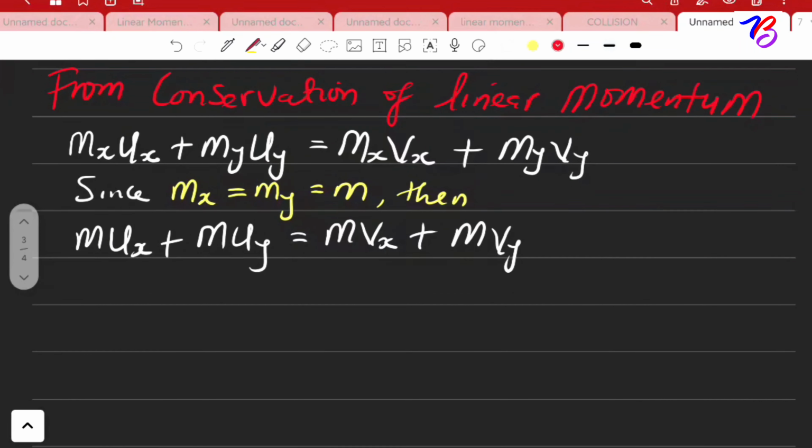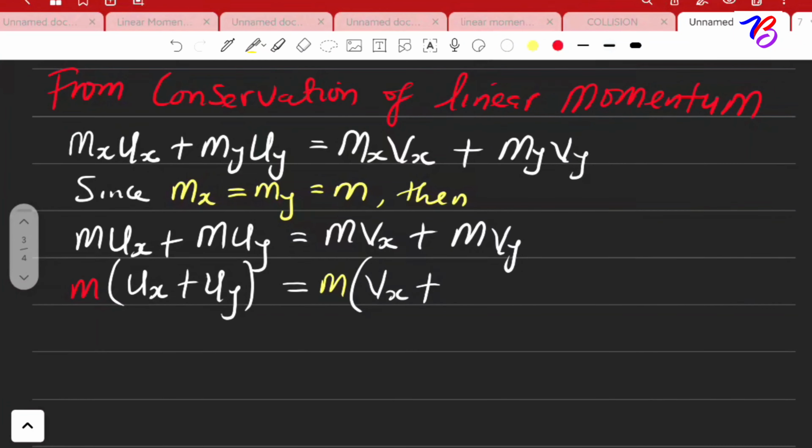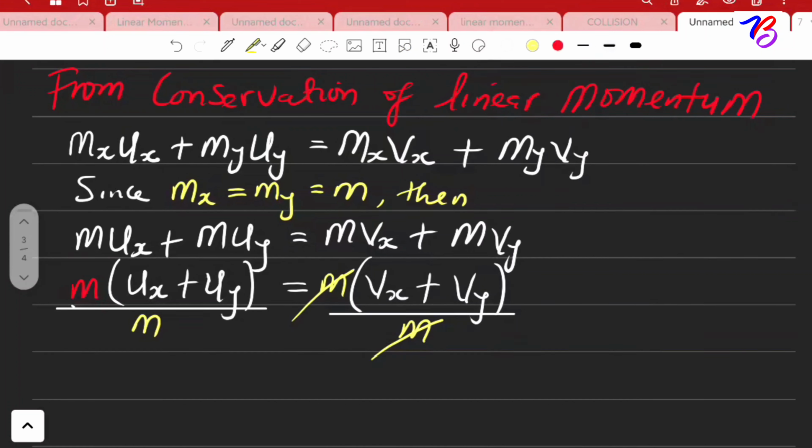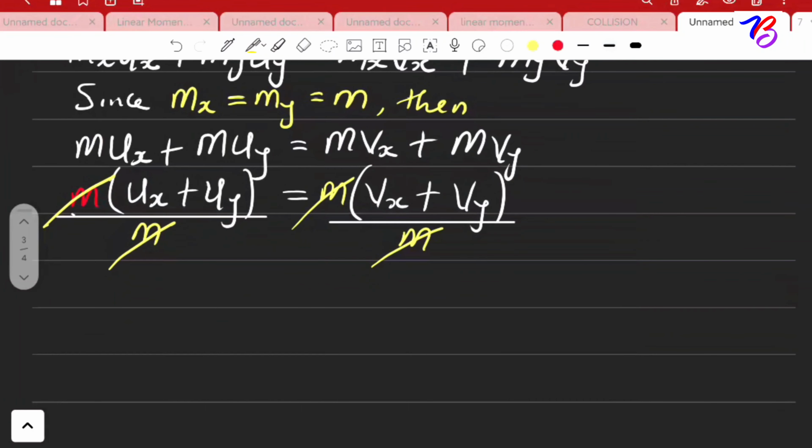We factorize so that m into ux plus uy is equal to m into vx plus vy. Dividing through by m, m cancels out, and we are left with u of x plus u of y is equal to v of x plus v of y.